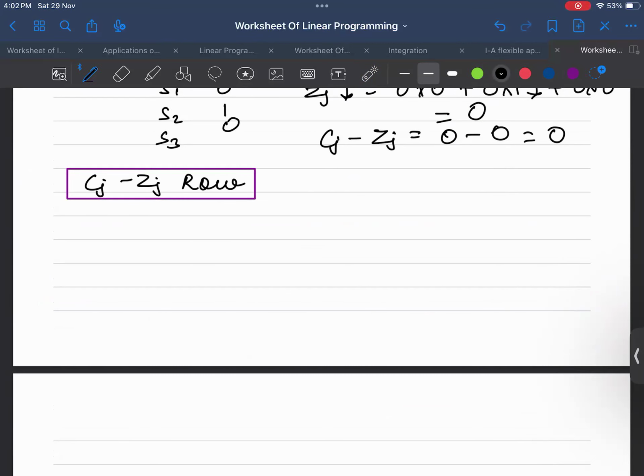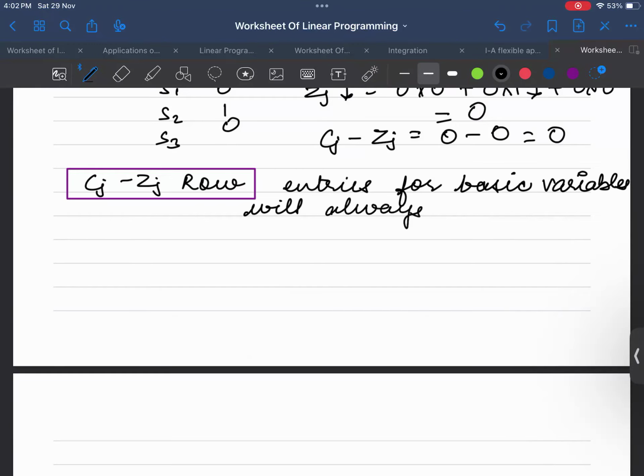First thing: the Cj minus Zj row entries for the basic variables will always be 0. Again I am repeating, Cj minus Zj entries for basic variables. Which are the basic variables? The ones that are already in the solution.